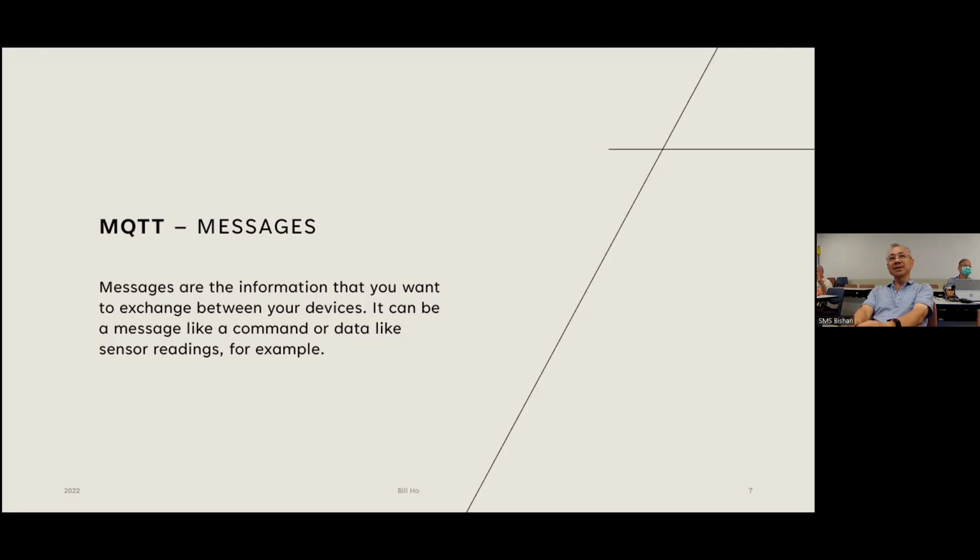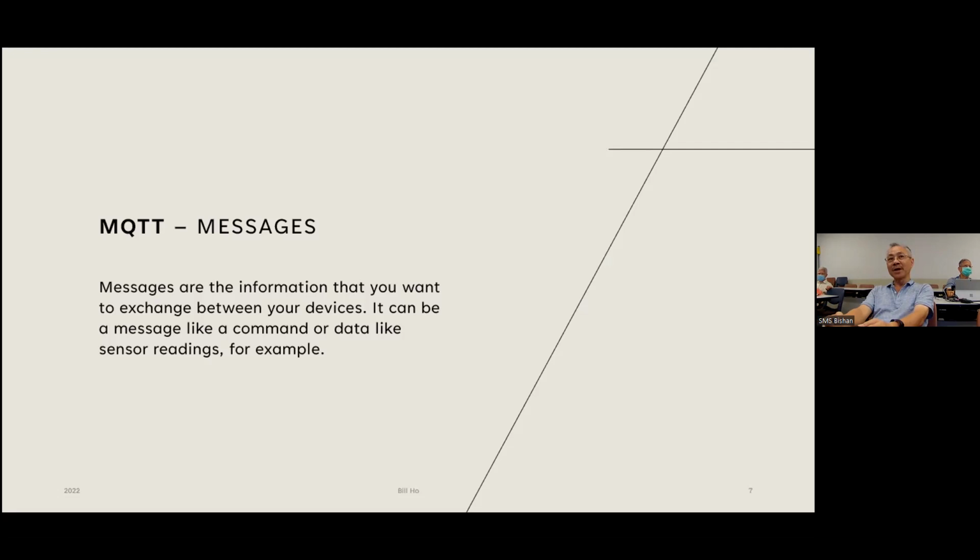The message itself is the information that you want to exchange between your devices. This message can be a command or data, like a sensor reading. If you're monitoring a temperature sensor, the message can be the current temperature.